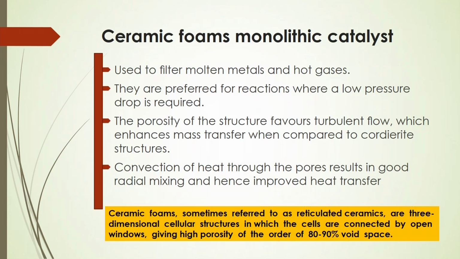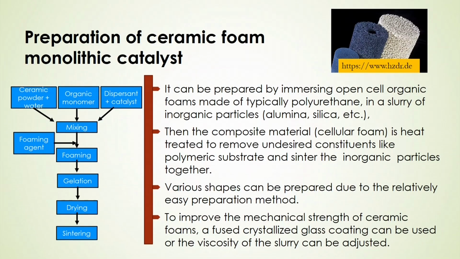And ceramic foam, sometimes referred to as reticulated ceramics, has a three-dimensional cellular structure in which the cells are connected by open windows, which gives high porosity, of the order of 80 to 90% void fraction. How do we then prepare this type of foam monolithic catalyst?